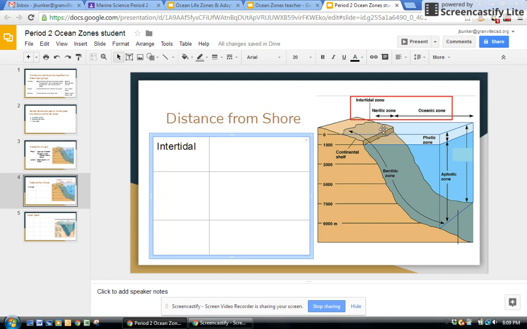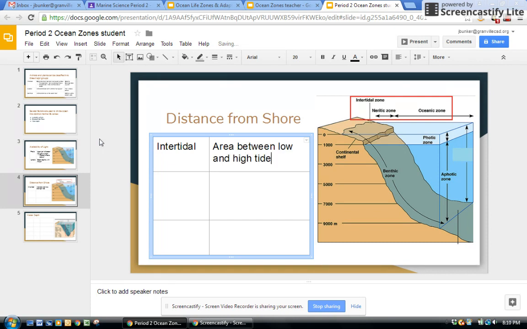At high tide, you would have water coming up further on the beach. That's when you would most likely see seaweed left behind. That's how you know where the high tide line was. And then low tide would be the lowest point that the water reaches. That area is called the intertidal. So it's the area between low and high tide.